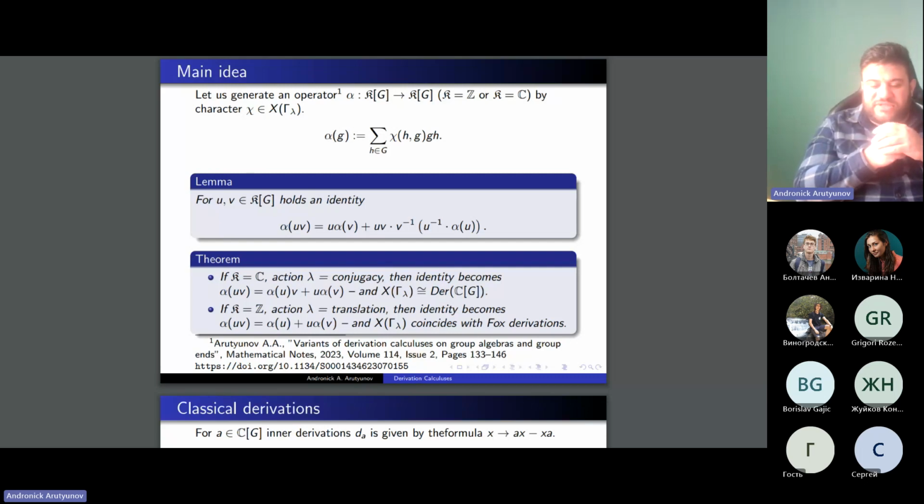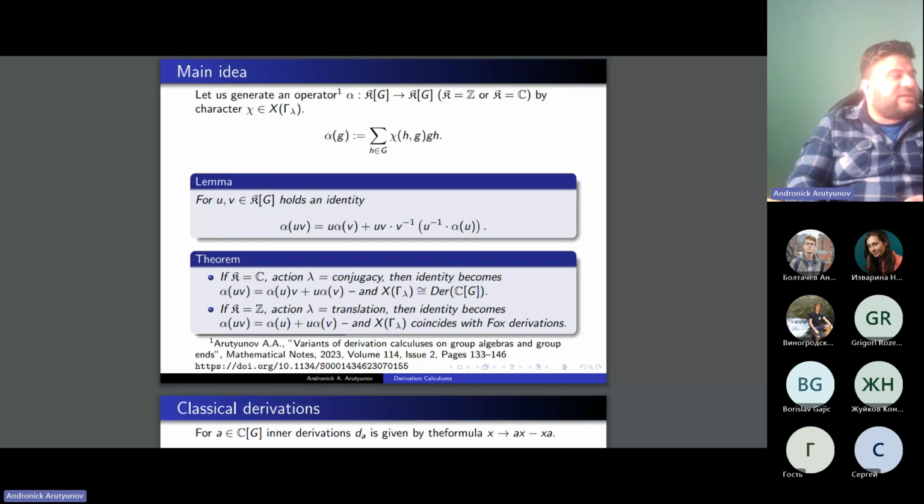Perhaps some of you can give me advice, and I will be very thankful to you. So first, we solved the first problem: we have one description for two different types of derivations, Fox derivations and Leibniz derivations.